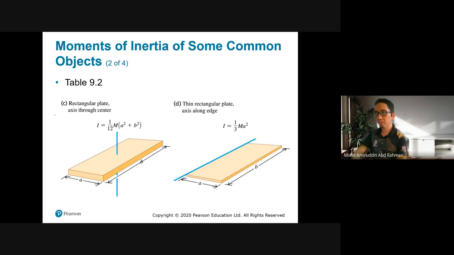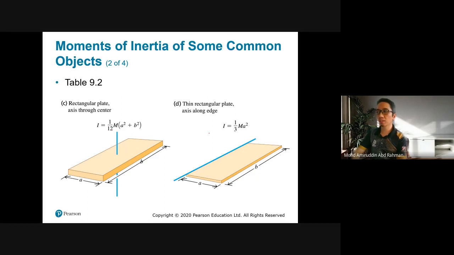Looking back at the example, for the rectangular plate, I is 1/12 m (a squared plus b squared). That's the moment of inertia for the rectangular plate where the axis of rotation is at the center.